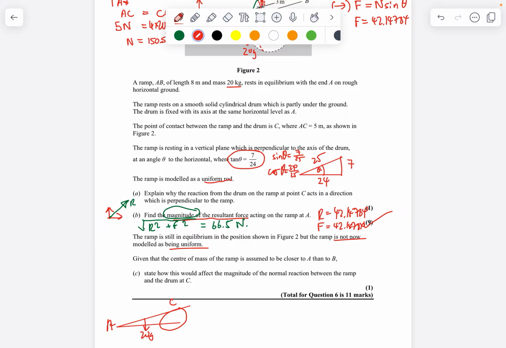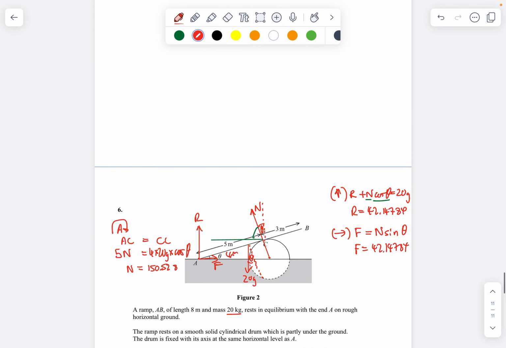Well, this would basically make N, the reaction force at C, smaller. And what would it do to A? Well, the reaction force R at A would increase. And that's it.